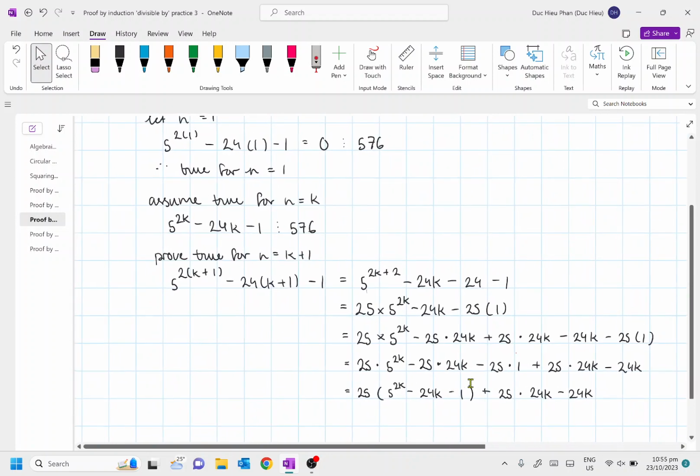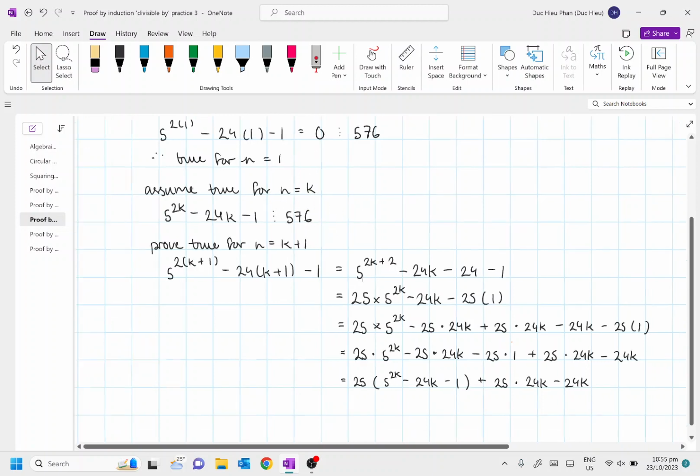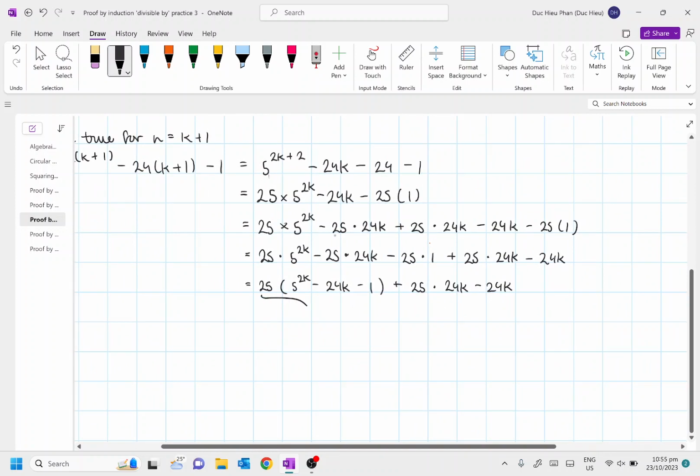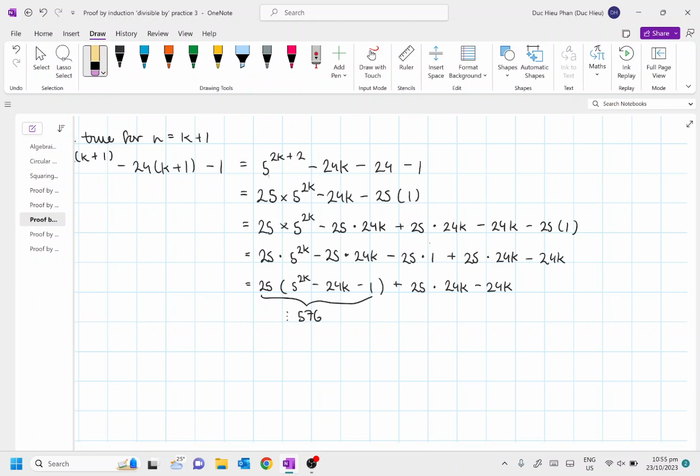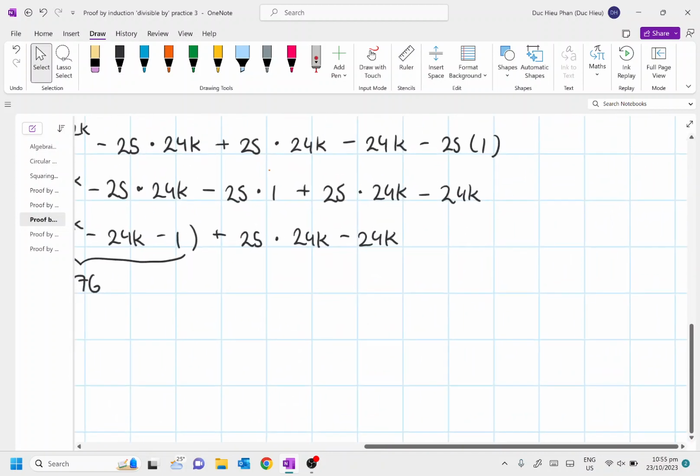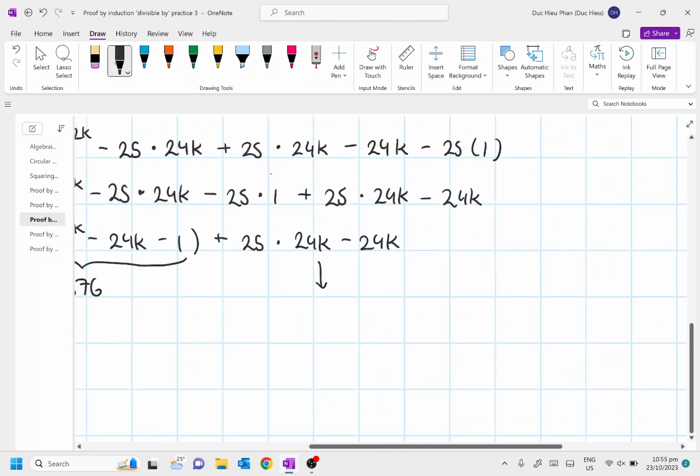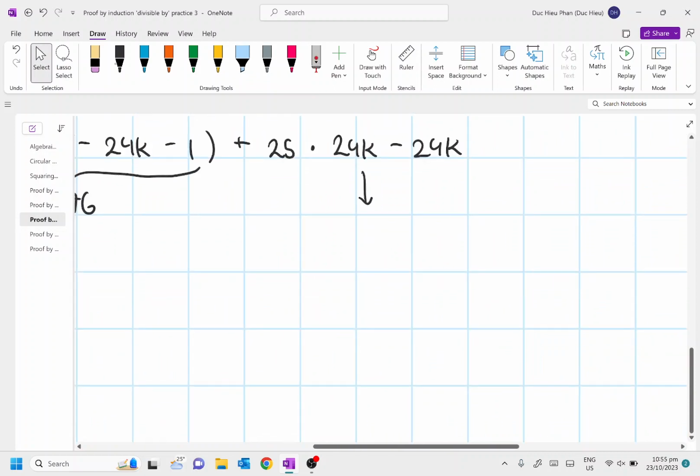And since we assume that 5 to the power of 2k minus 24k minus 1 is divisible by 576, we then know that the whole thing here is divisible by 576. And so we can disregard it. We can stop worrying about it. Okay. What about this part here? Well, we're going to factorize it again.